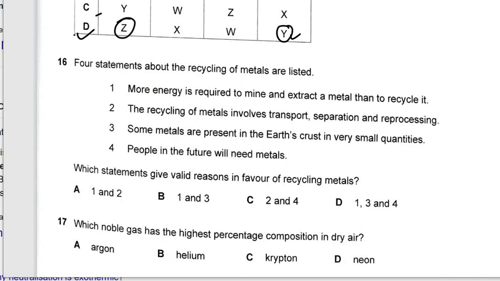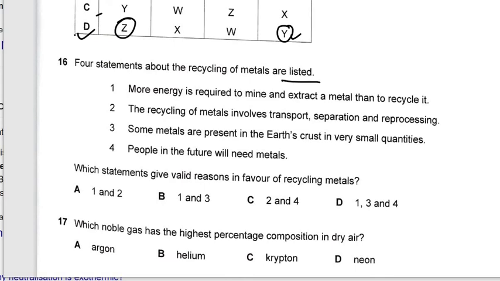Question 16, four statements about recycling of metal are listed. Okay, why do we recycle the metal? Because the metals are very limited in nature. And you remember whenever you extract the metal from the ore, it takes lots of time and lots of fossil fuel utilization. So we prefer, if it is possible, to recycle the metal. So here, if you look at the options, four statements are listed. Which statement is a valid reason in favoring this?